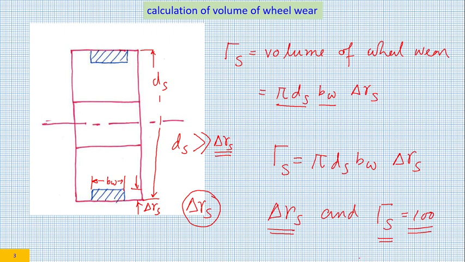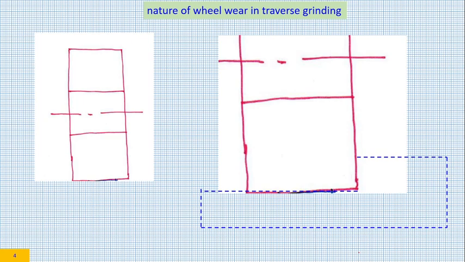Was it achieved after removing 100 millimeter cube of workpiece, 1000 millimeter cube of workpiece, 10,000 millimeter cube of workpiece, or 1 million millimeter cube of workpiece? So it is important that we also calculate the volume of material removed, and then we compare this to quantify wheel wear. So let us see.